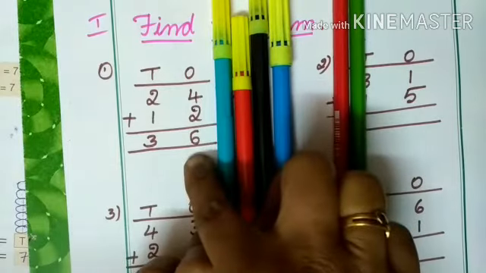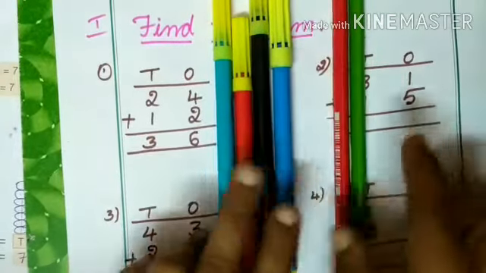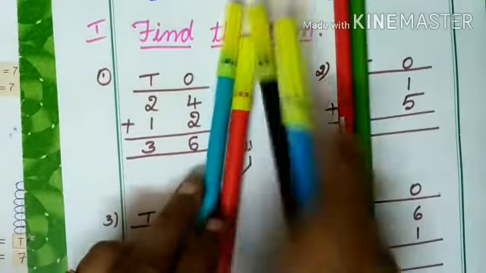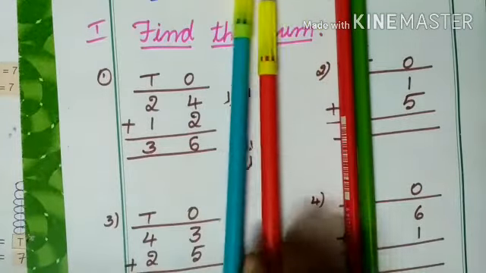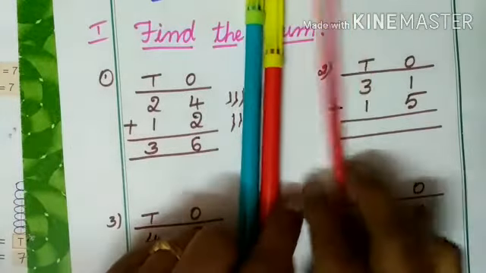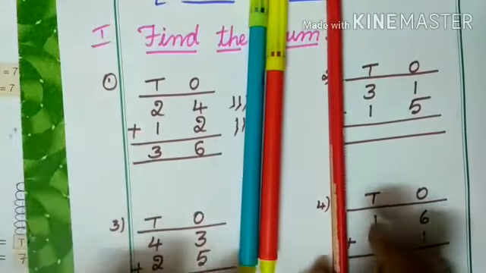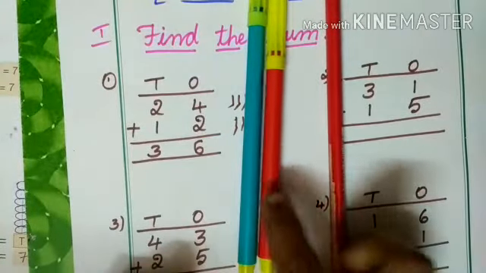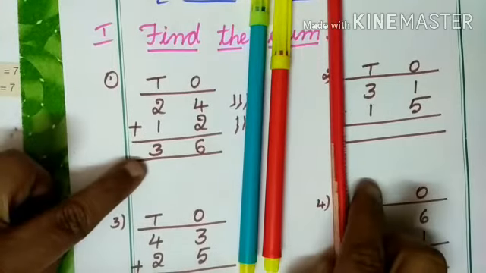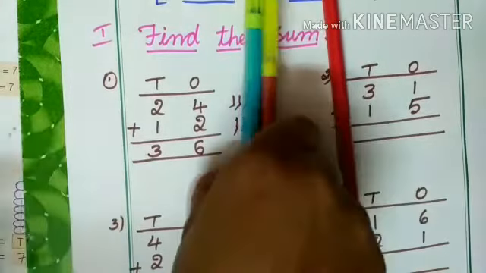Yes, 6 is the right answer. Let us write. Here I have 2 sketch pens and 1 pencil. Total how many are there? 1, 2, 3. So 3 is the right answer. Yes, we did it correctly.